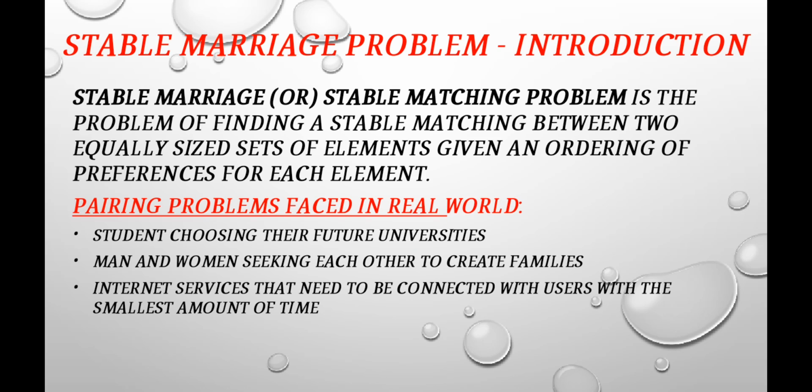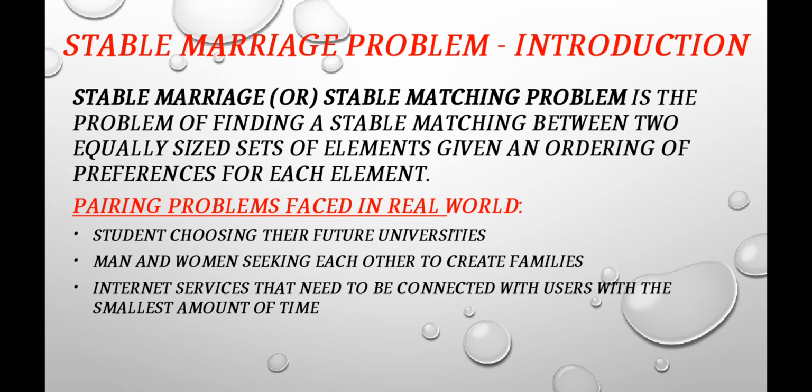It is nothing but creating a one-to-one mapping from two sets which consist of an equal number of elements. For example, if you take two sets, set A and set B, they have an equal number of elements. That is why we say equally sized sets.